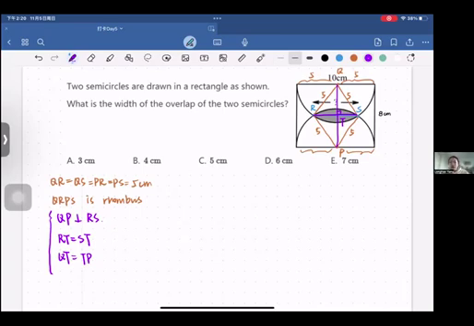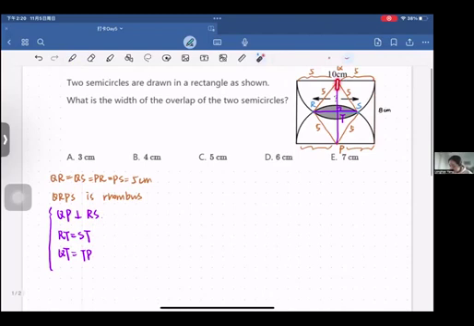Can we find the length of these lines? We know the shorter side of this rectangle is 8 centimeters, and this is the same as QP, so QP equals 8 centimeters. Because T is a midpoint, TP equals TQ equals 4 centimeters, which is half of 8.